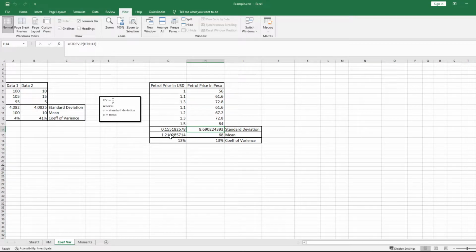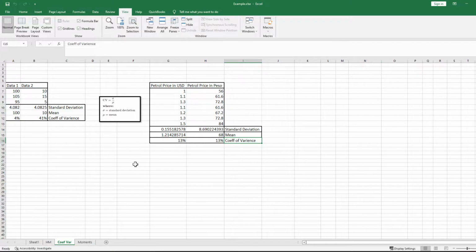And if you see the average, these two numbers are completely different. But when you see the coefficient of variance, you can say that the petrol price in US varies in unison with Mexico. So that's where the coefficient of variance brings a great value.